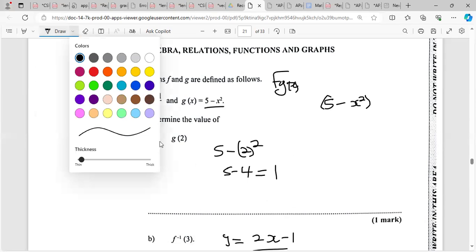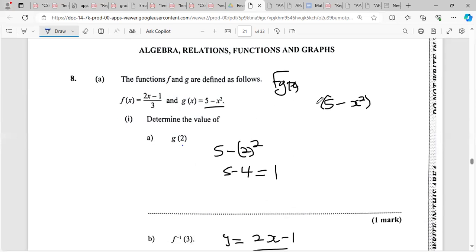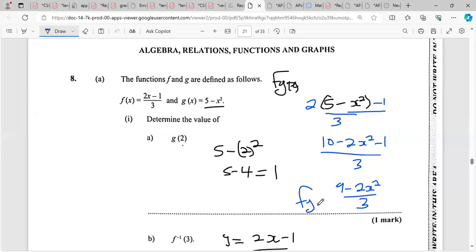So f says 2x minus 1 over 3. 2 times 5, that's 10. 2 times negative x squared, that's negative 2x squared, minus 1, over 3. So 10 minus 1, that gives us 9. And then minus 2x squared over the 3. So this is fg of x.